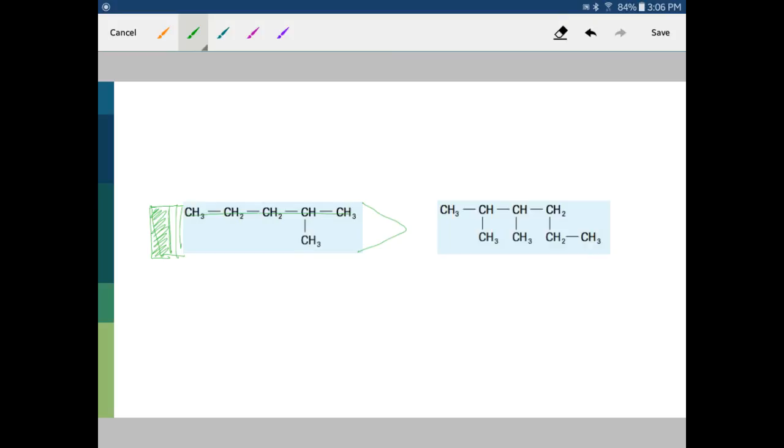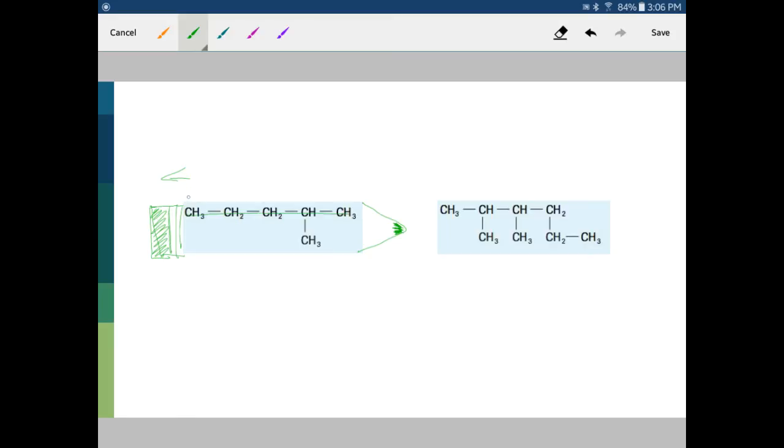So there's my pencil. Now, if I was to look at my pencil in this direction, say with the end of the pencil pointing to the right, essentially I would have carbons number 1, 2, 3, 4, and 5. Well, if I simply just flip my pencil, so all of a sudden it has the tip of this pencil pointing this way to the left, what I would notice is that it appears that this side of my carbon chain is now closer to the left side.